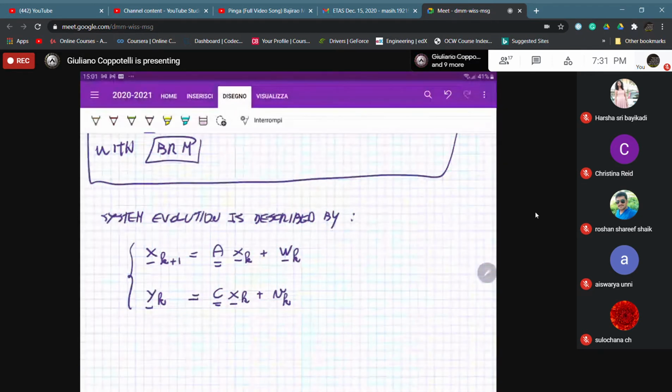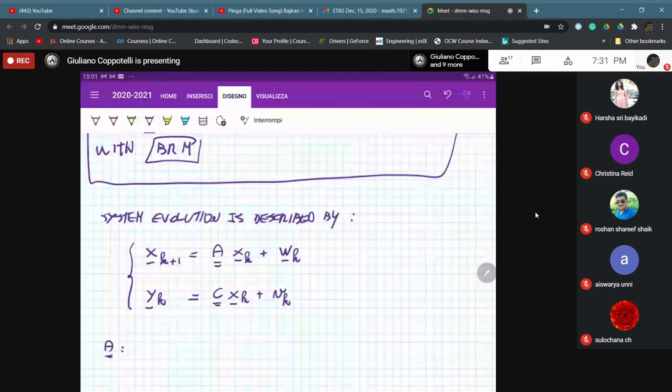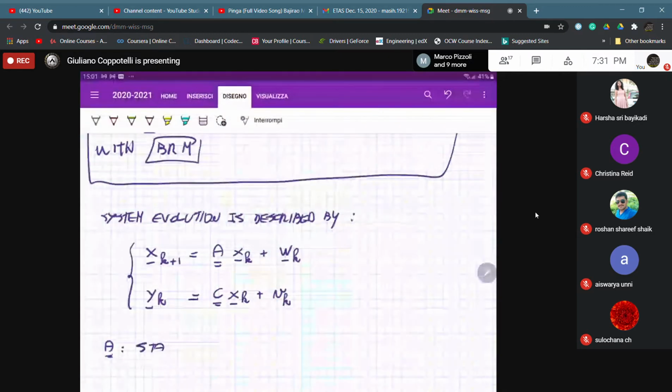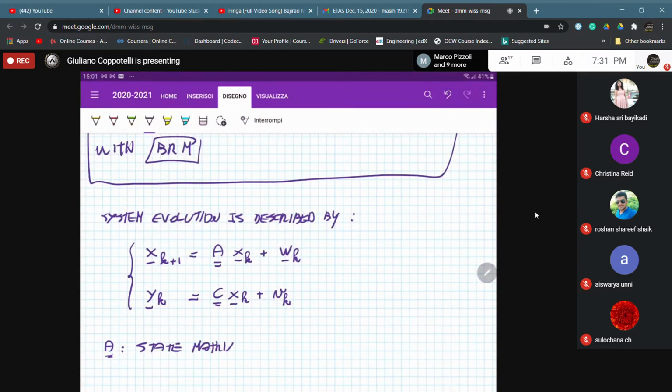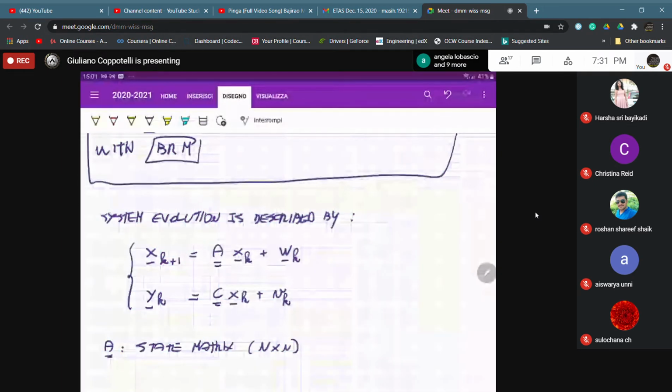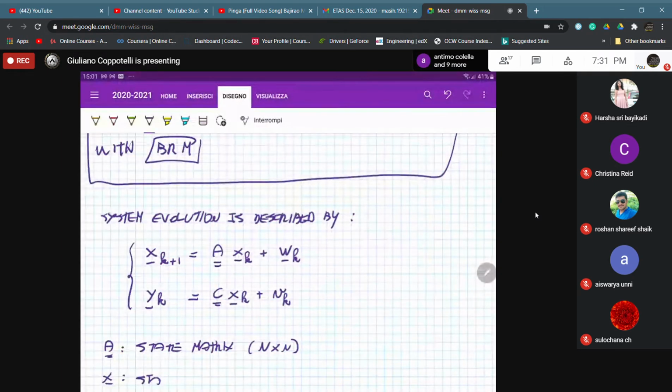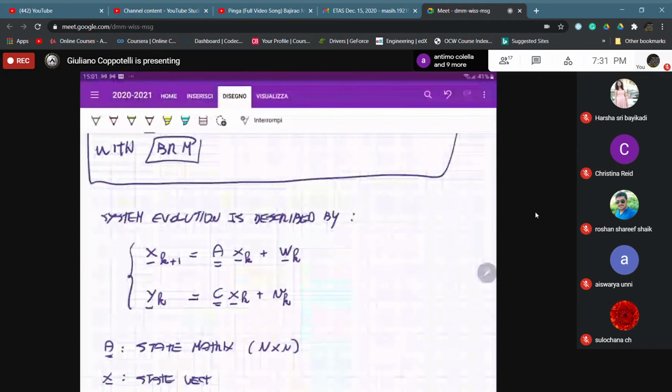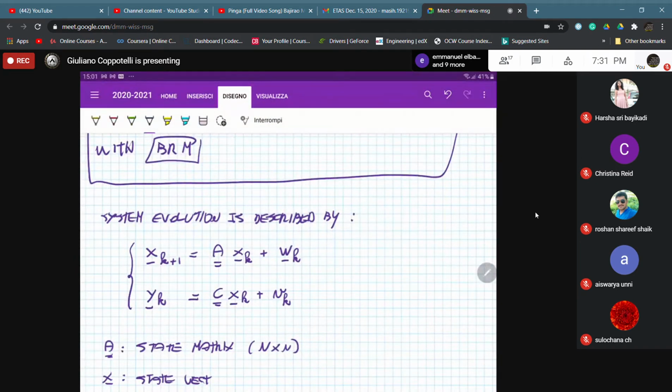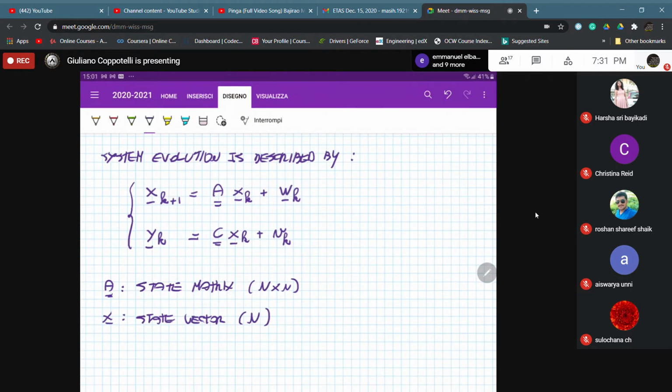Please note that A is your state matrix, dimension is n times n, if your state vector x has dimension n. k is the kth time index.